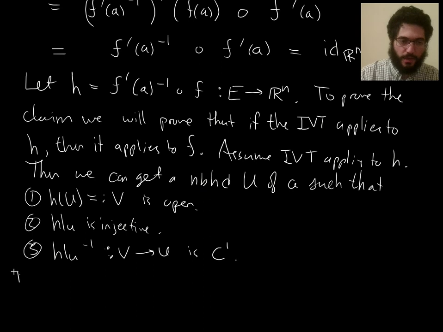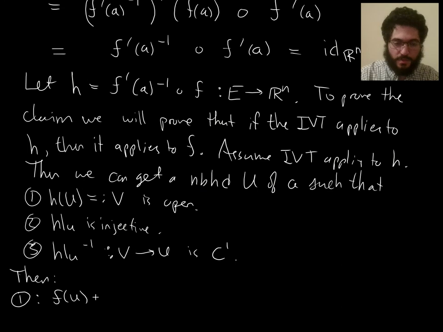So let's check out 1 first. So I want to prove that f of u is open, right? Well, f of u is very closely related to h of u. When I apply h to the open set u, I'm applying this composite.